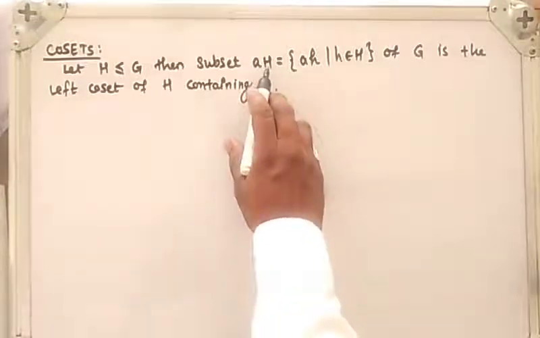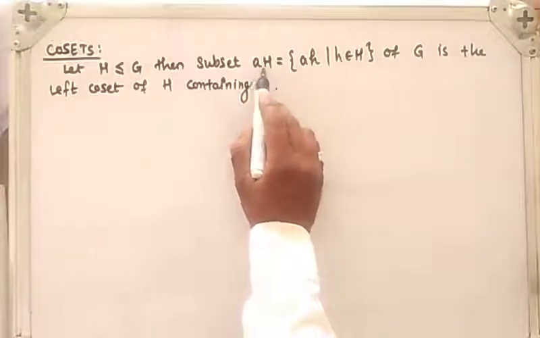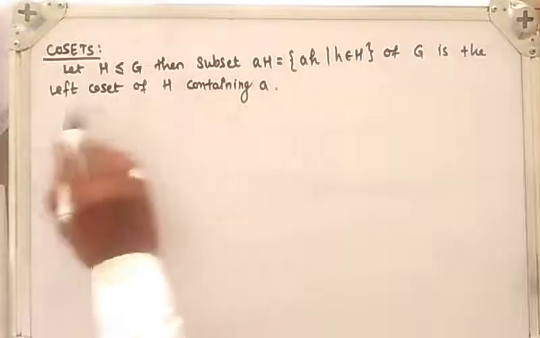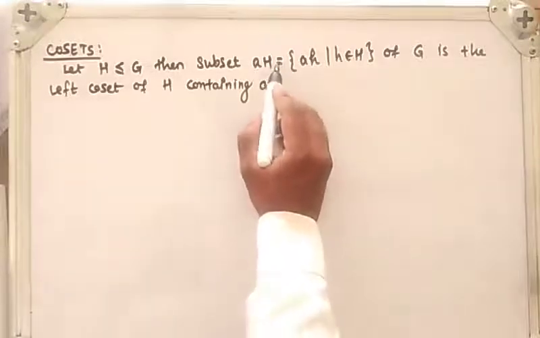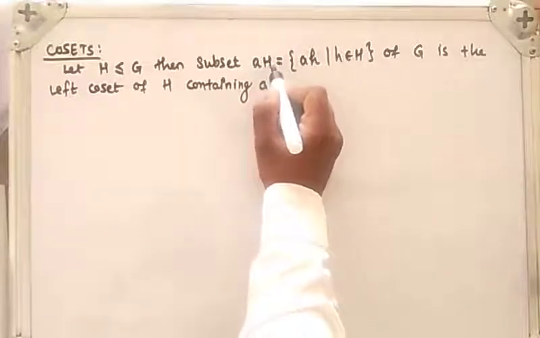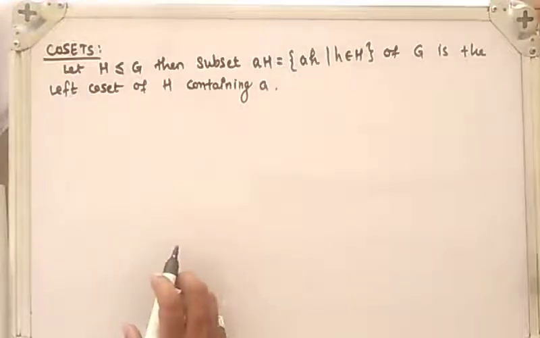So if I multiply h by a on the left hand side, then this is the left coset of H containing a. Now if I multiply a on the right hand side, then this is the right coset of H containing a.